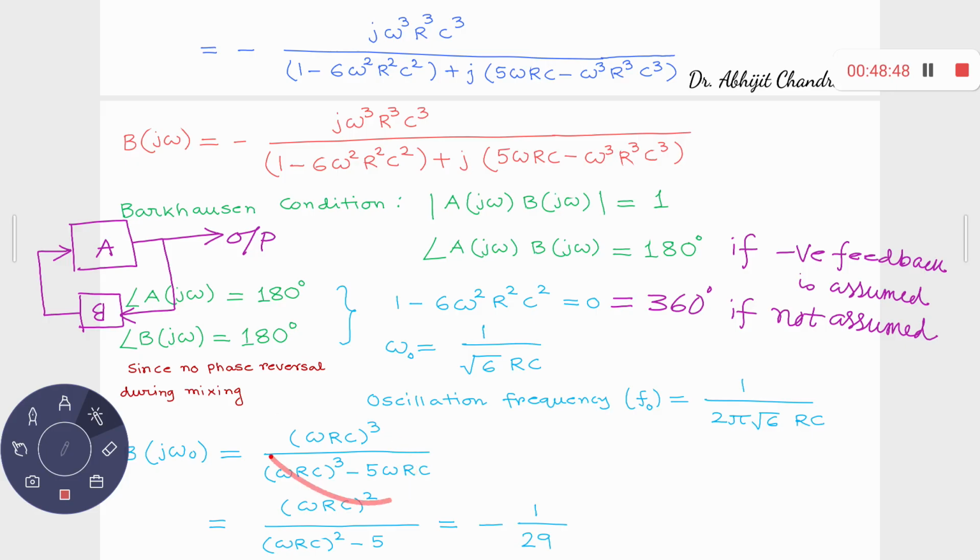If you plug in omega RC equal to 1 by root 6, then B is minus 1 by 29. That means this feedback network provides an attenuation of 1 by 29 with a negative gain. That means there is a phase reversal and there is an attenuation.